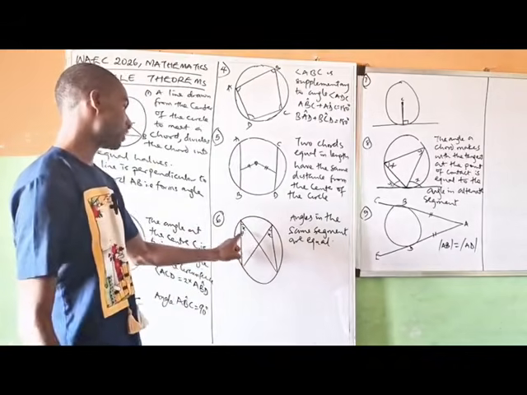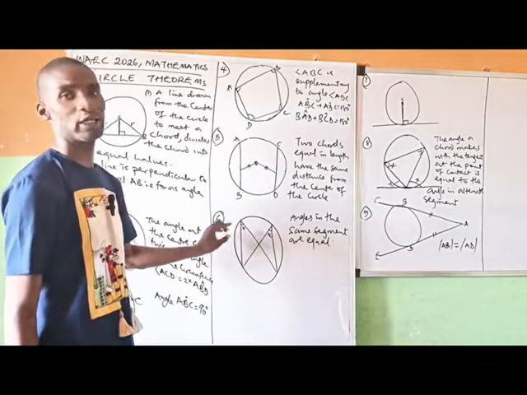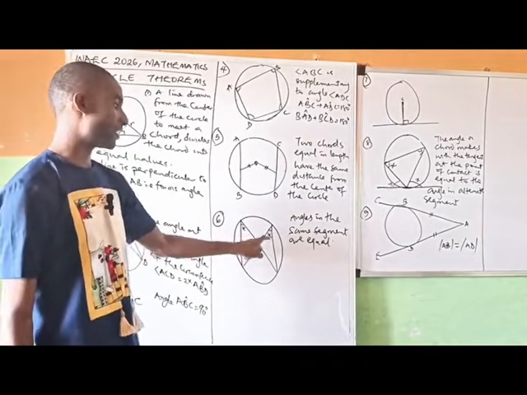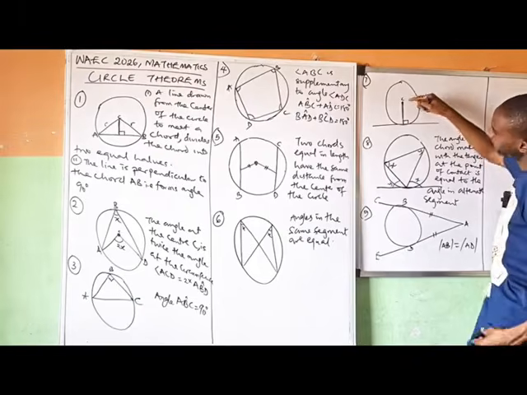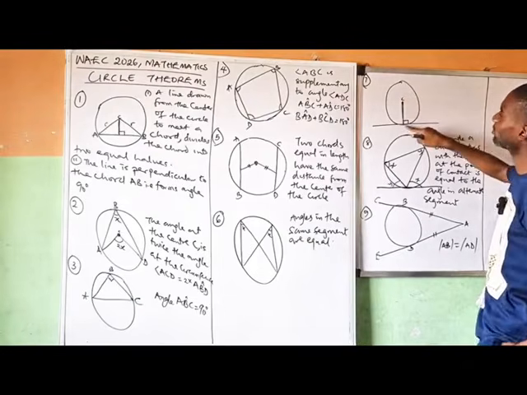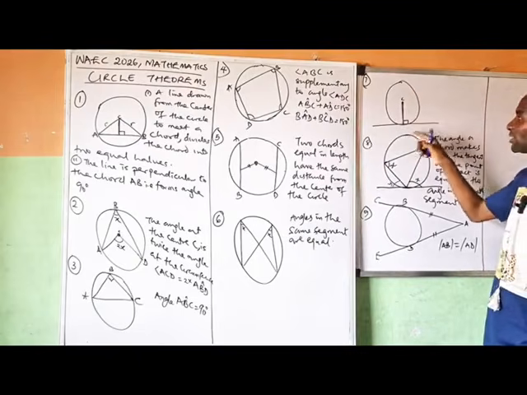Then angles within the same segment are equal. So here is x, here is x. Then if I draw a tangent, the line that runs from the center of the circle to this tangent is perpendicular to the tangent.